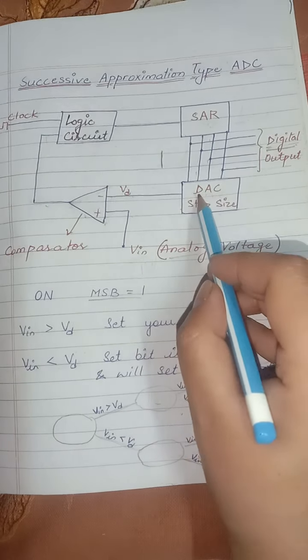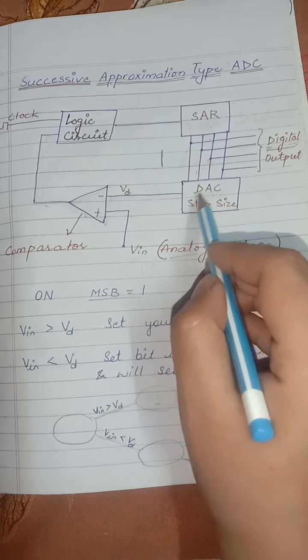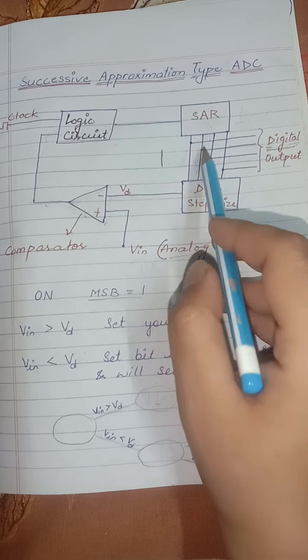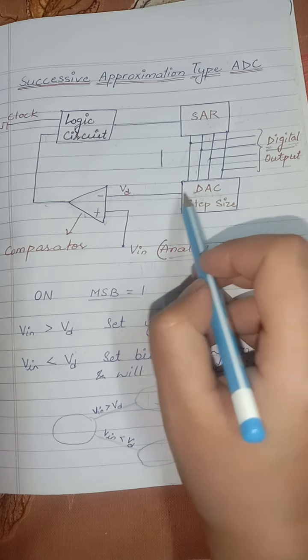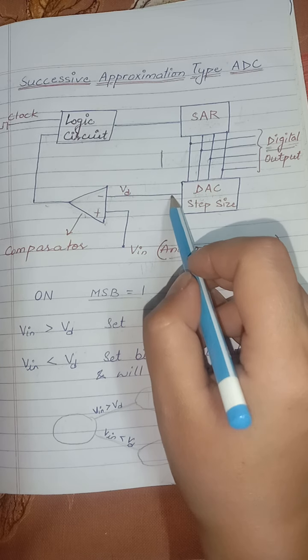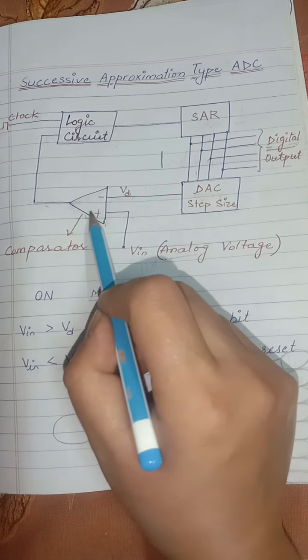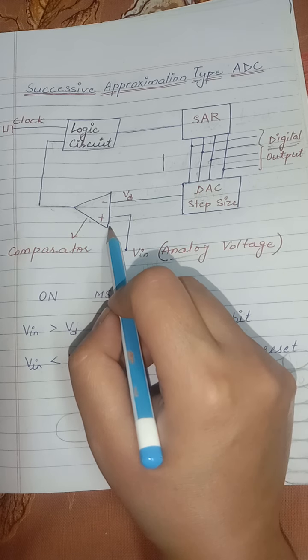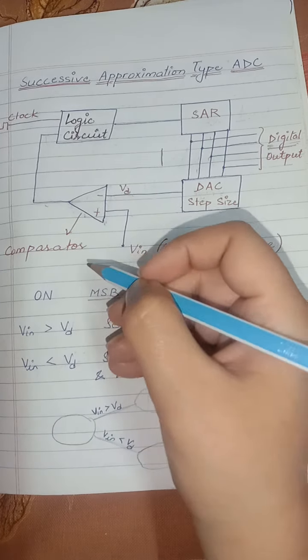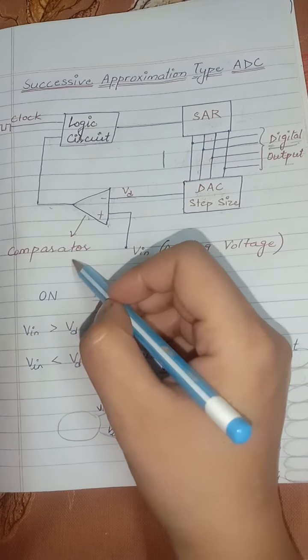And this is a DAC, that is a digital to analog converter. The output of the SAR will be provided to the DAC, and that will generate the corresponding analog voltage. After this, we have an operational amplifier that is behaving as a comparator.